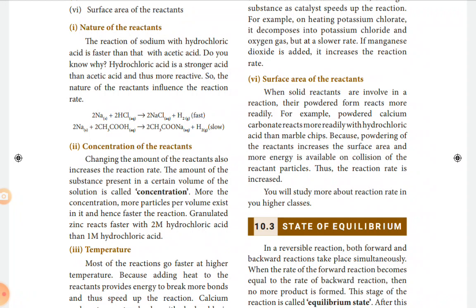Then pressure is directly proportional to the rate of a reaction. And catalyst is a substance which is going to increase the rate of reaction without undergoing any permanent change. Then surface area, more area means more collisions of the reactant particles, so the rate of the reaction will be increased. So these are the important 6 factors which alter the rate of a chemical reaction.